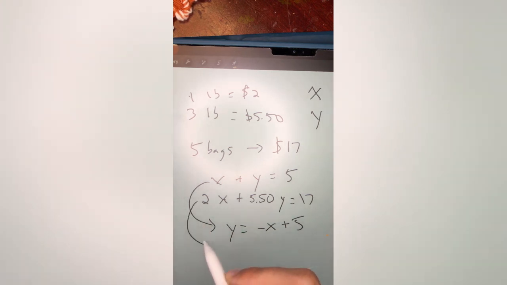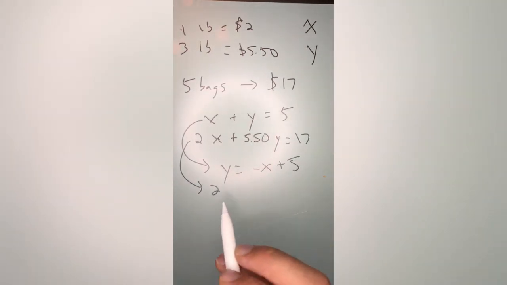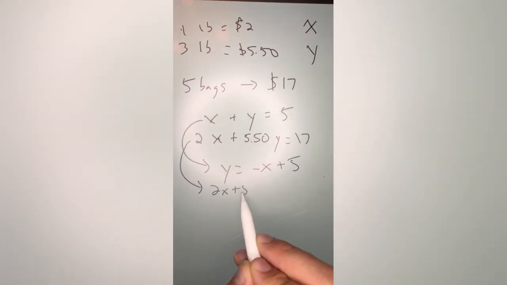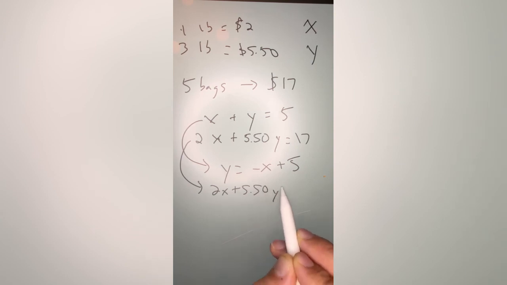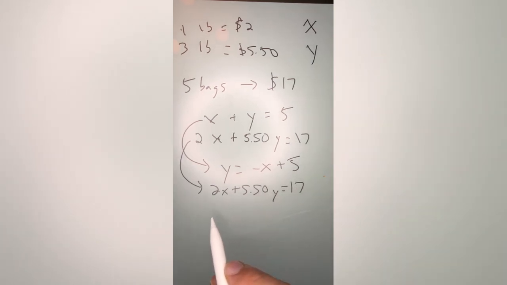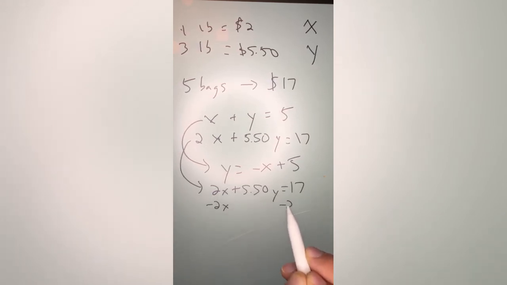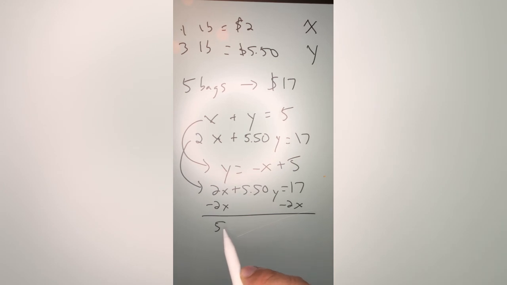And this one down here is going to be 2X plus 5.50Y is equal to 17. So if I want to get Y by itself, I subtract 2X from each side. That gives me 5.50Y is equal to negative 2X plus 17. And once I do that, I'm going to divide each side by 5.5.